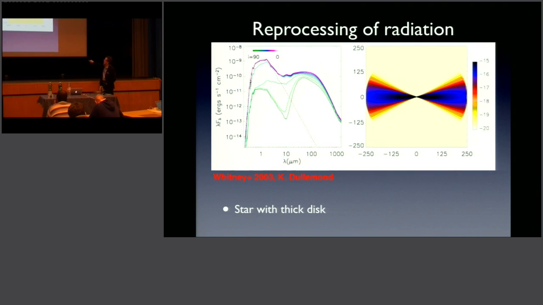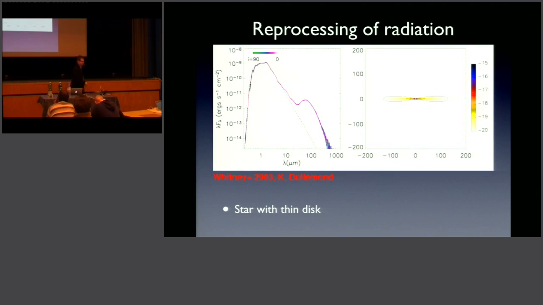But from most directions, you see the typical spectral energy distribution of a star plus a reprocessing disk. And if you reduce even more the amount of material in the disk and make it mostly optically thin, also in this direction, then you see essentially the star with a small infrared excess at very long wavelengths.